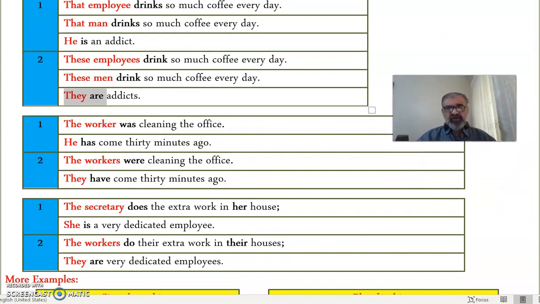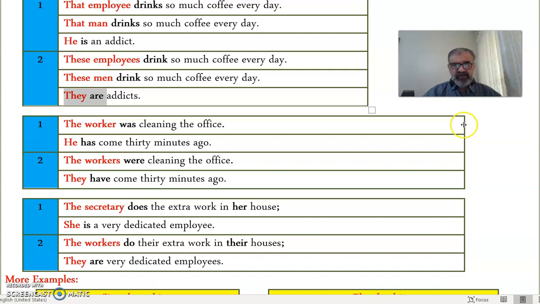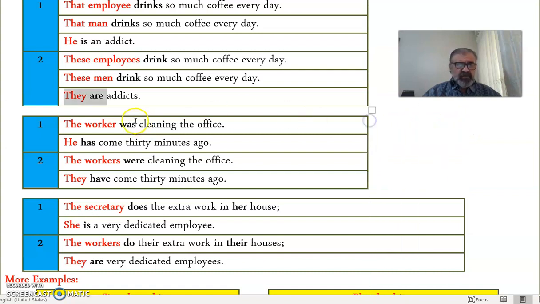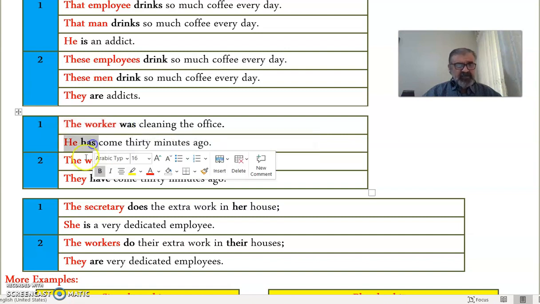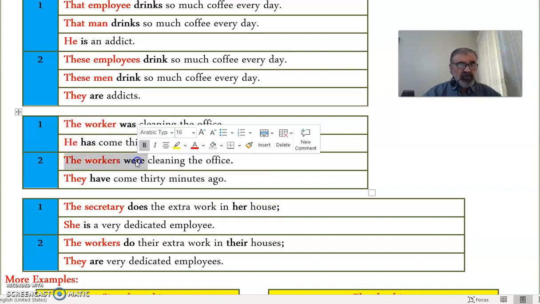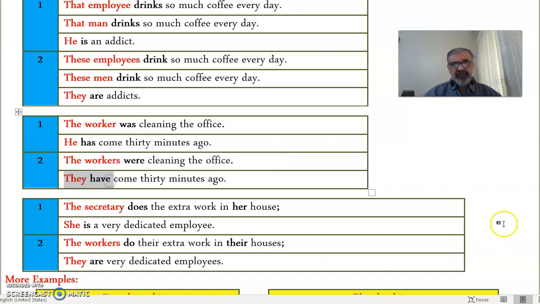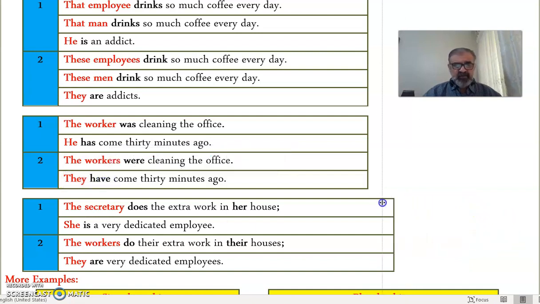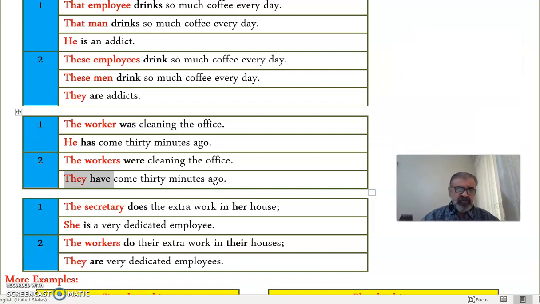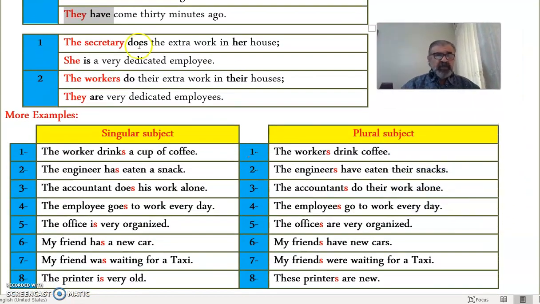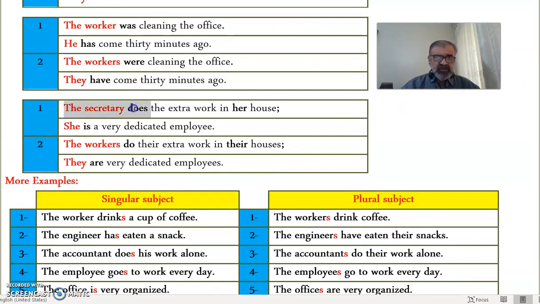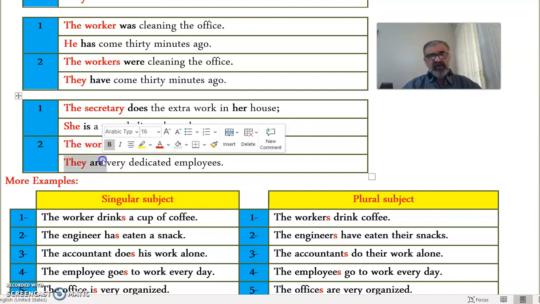Now, the other examples. The worker, singular, was. He, singular, has. The workers, plural, were. They, plural, again, have. Okay now? And the last ones. The secretary, singular, does. She, singular, is. The workers, plural, do. And finally, they, plural again, are.